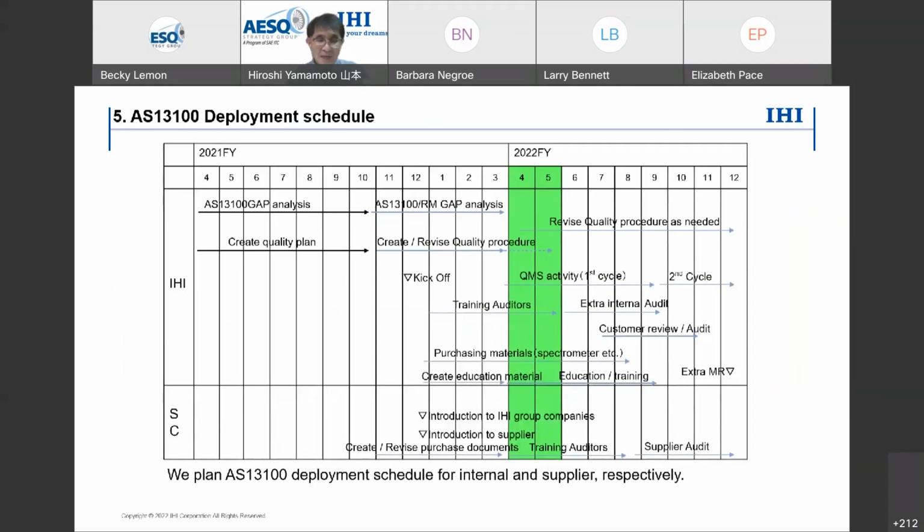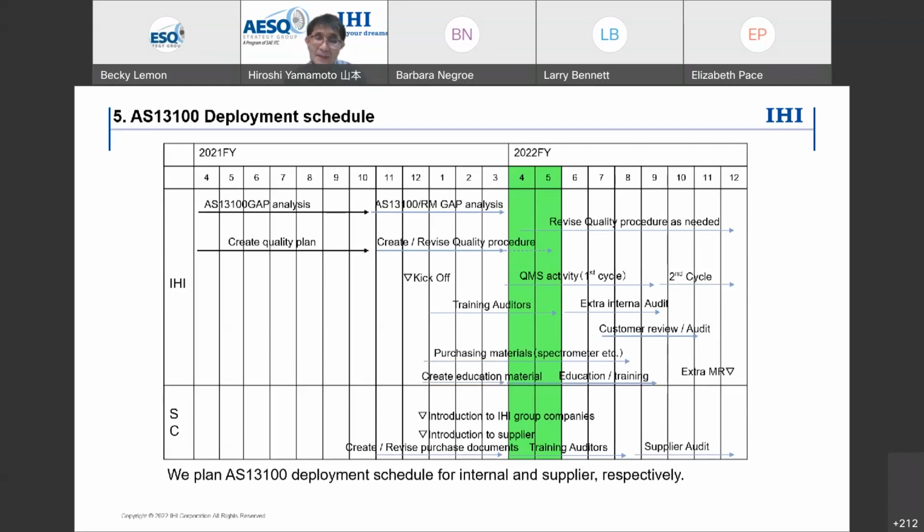This chart shows our positions. The green highlighted portion is April-May, and we are preparing the introduction of the AS13100 requirement analysis and the plan, and the kickoff in December 2021. And now we are studying several things inside and also in our supply chains.